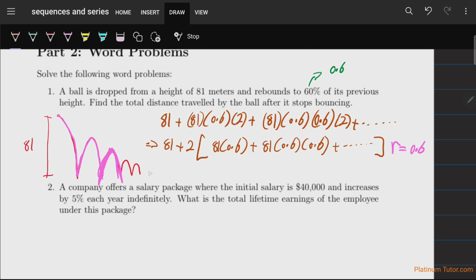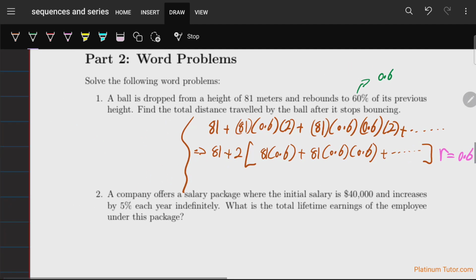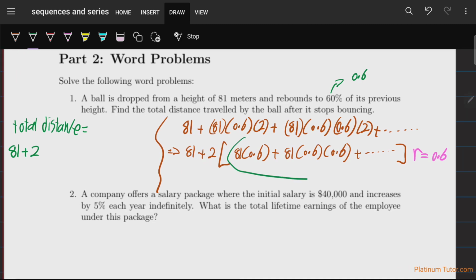So the total distance, I'm going to do that here. So the total distance will be the 81 here for the first fall plus 2 times, and we know how to find the sum of this guy.